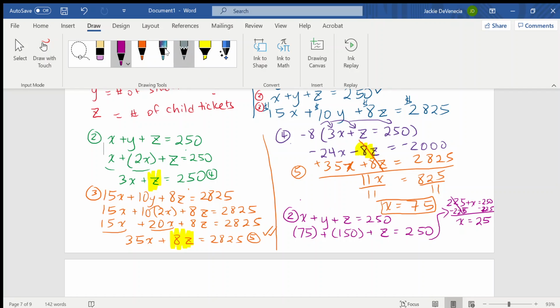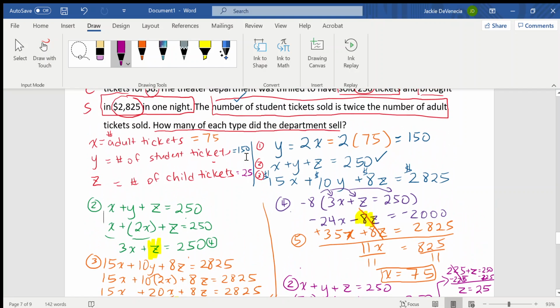Oh, I'm so sorry, we're finding for z. So how many children tickets are there? There is 25.